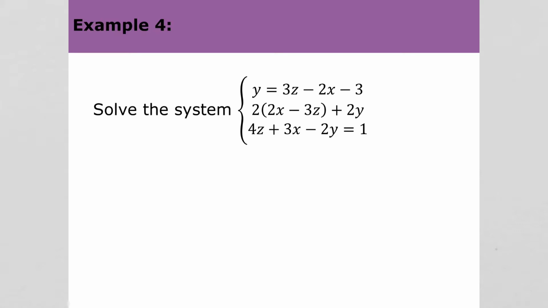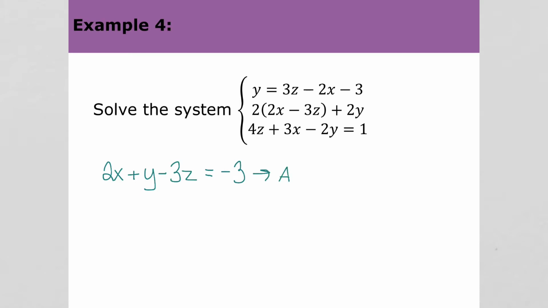So the first one, I'm going to start by adding 2x to the left. Y's already there. Subtract 3z. And negative 3 is left on the right. So that is A.